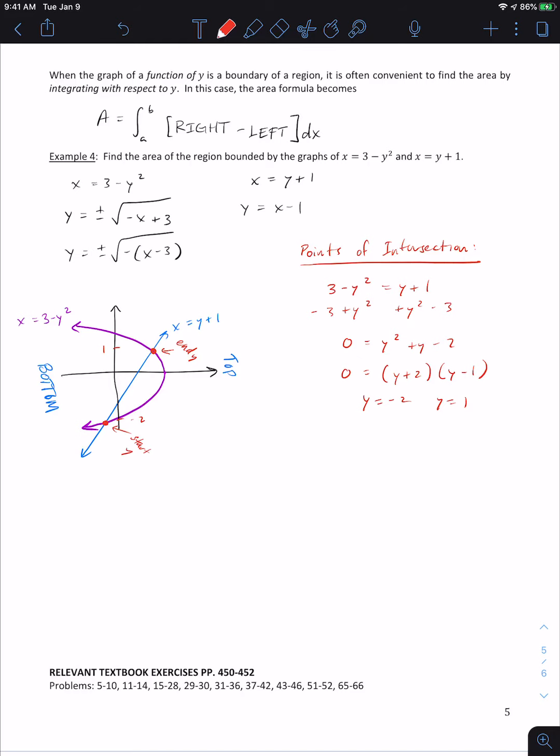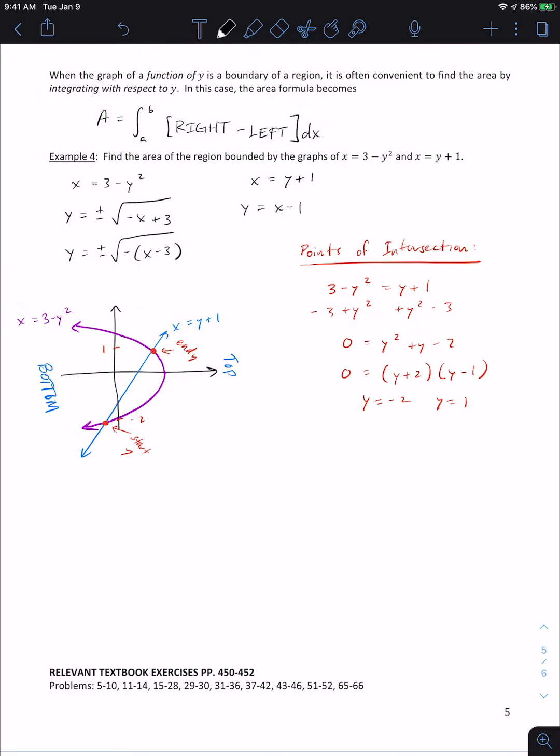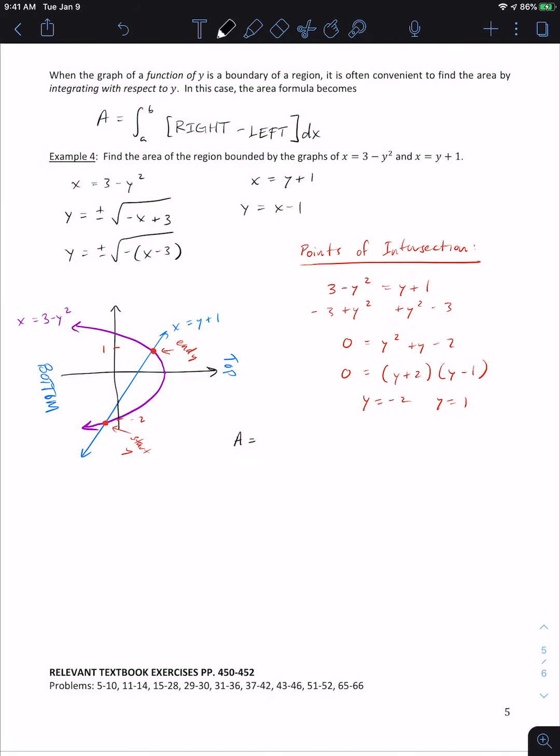All right, so we can think about this again in two ways. We can flip our paper over, and if we flip our paper over, again, like I said, top being top, bottom being bottom, then the top function is the purple function, and the bottom function is the blue function. Right, so before I write area, let's write top and bottom, if we think about it that way. So my top function here is going to be the purple function, 3 minus y squared, and the bottom function is going to be y plus 1.